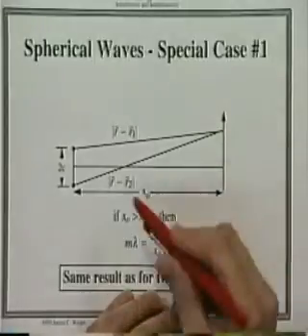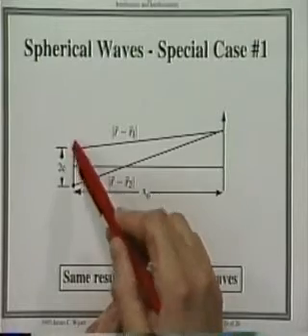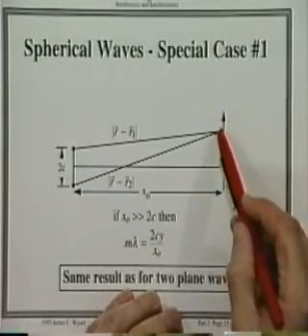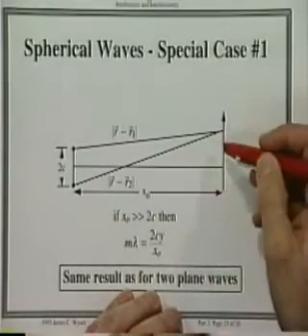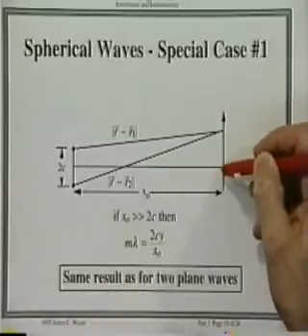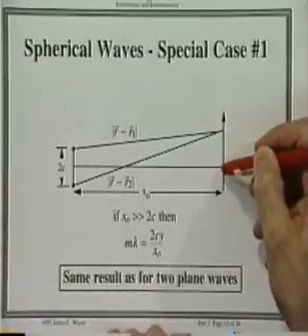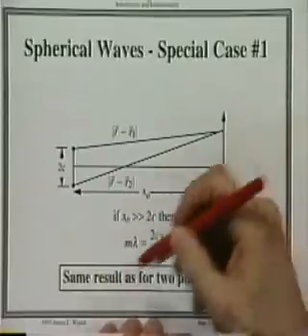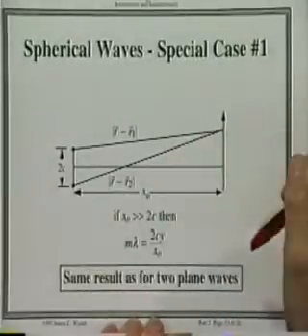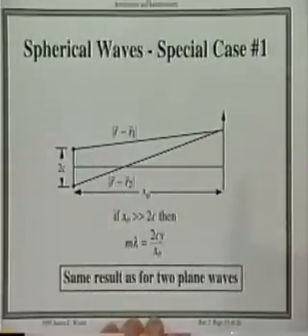What happens is that the curvature from the 2 spherical waves is nearly the same and essentially cancels out. And so what we get over here were essentially straight fringes, equally spaced, very similar to what we got for 2 plane waves. So that was special case number 1.